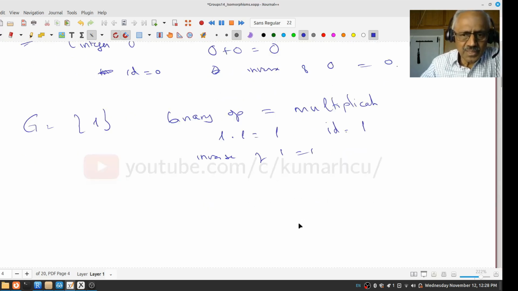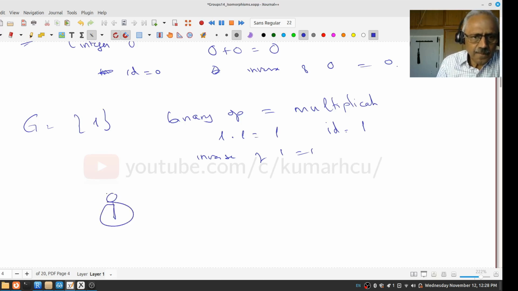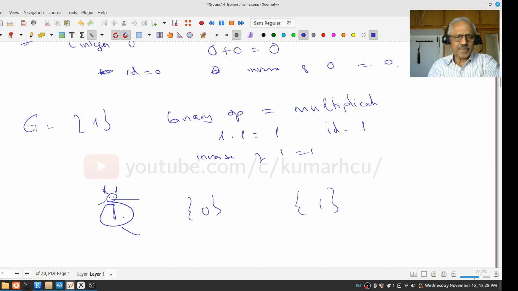So now notice that all these things, the elements seem to be different. This is a cat, whereas this is 0, here it is 1. I am just defining a binary operation here. Cat plus cat is cat, 0 plus 0 is 0, 1 times 1 is 1.